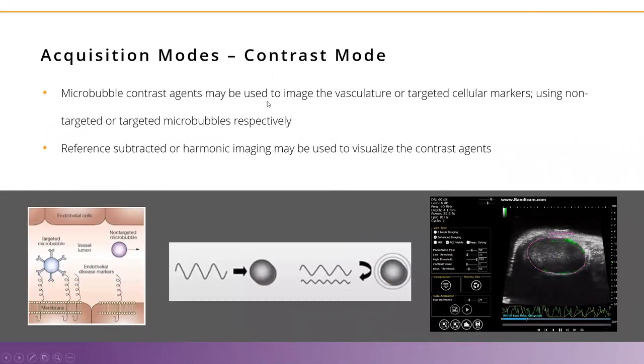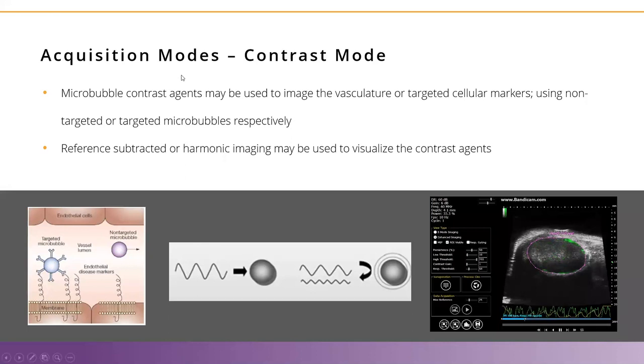Talking about contrast agents. So Doppler modes are used to look at larger blood vessels where we're measuring flow velocity and laminar flow in those areas. When we want to get down to the microvasculature, we actually have to use a contrast agent because we aren't able to resolve the structures of the capillary beds and things like that within tumors and other organs. And so to be able to do this, the contrast agent used for ultrasound is called a microbubble.